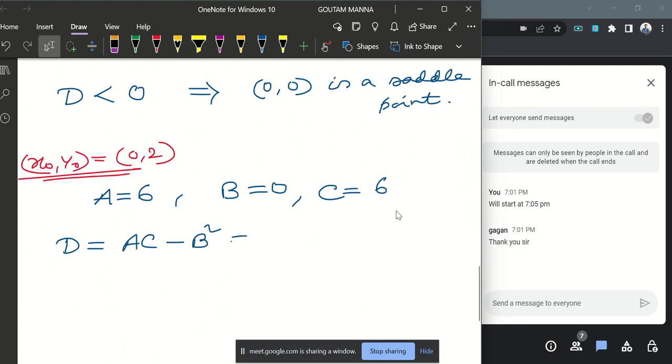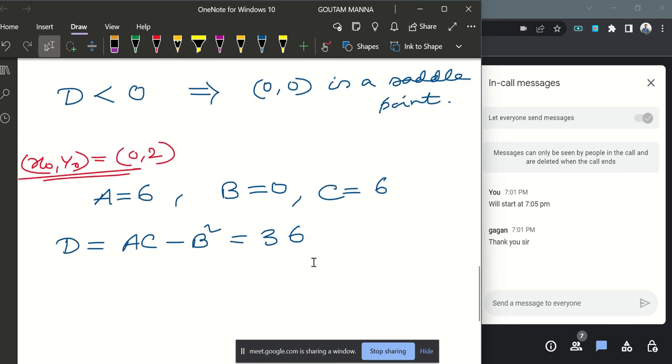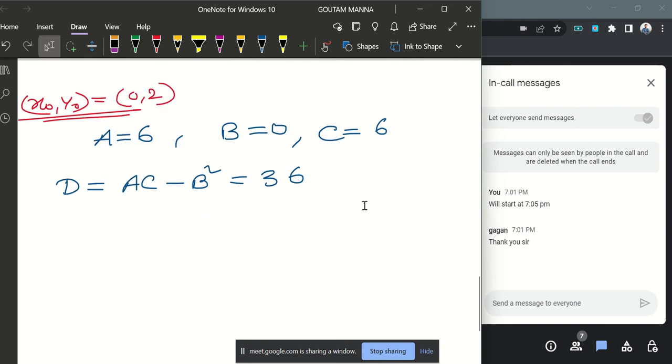which is 36. So d greater than 0, it means this point is either a maximum or minimum. So we need to look at a.